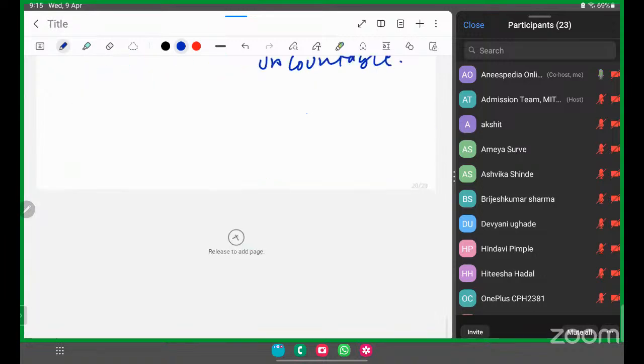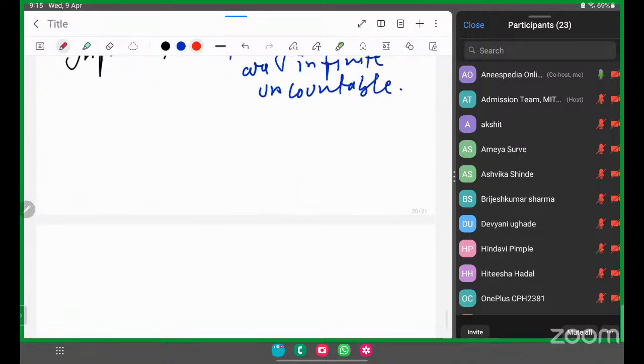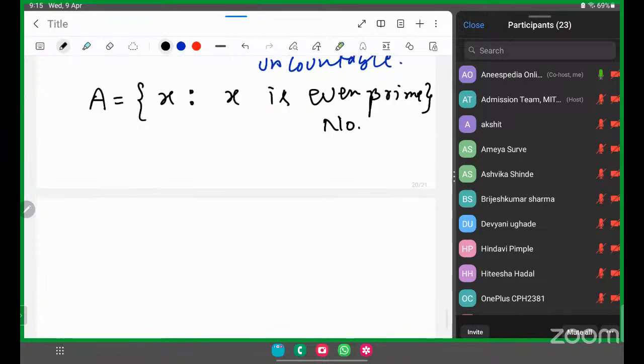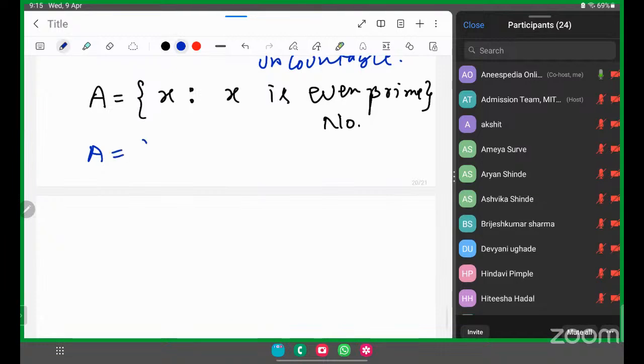For example, if I have set A, x such that x is even prime. x is even prime number. What will be the value for set A? Yes, even prime number. It's a singleton set.